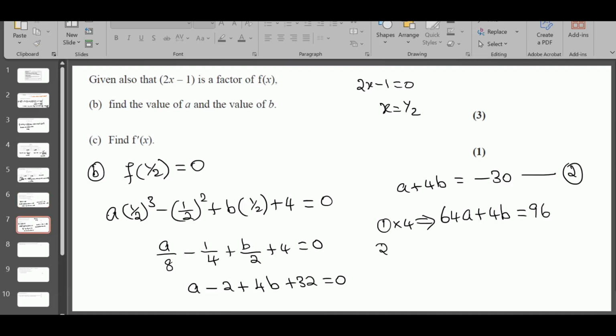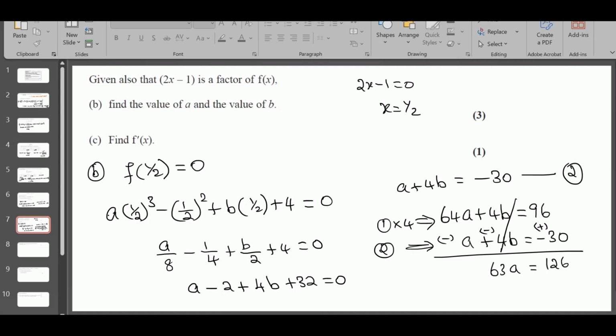Write the second equation as it is: a plus 4b is minus 30. Subtract them. b will be cancelled. 63a is 126. a is equal to 2.